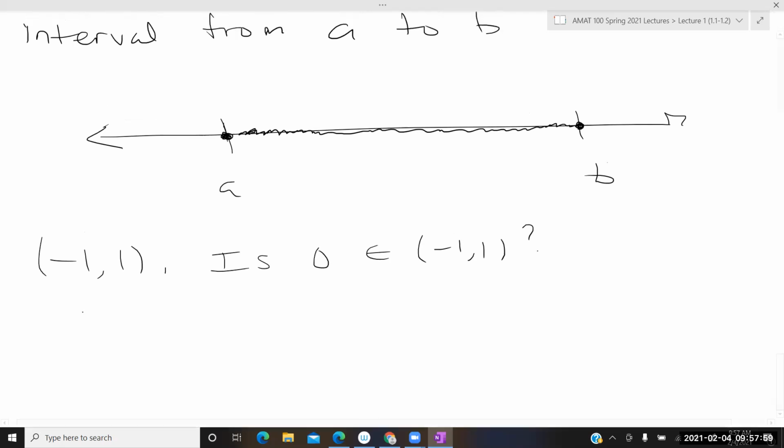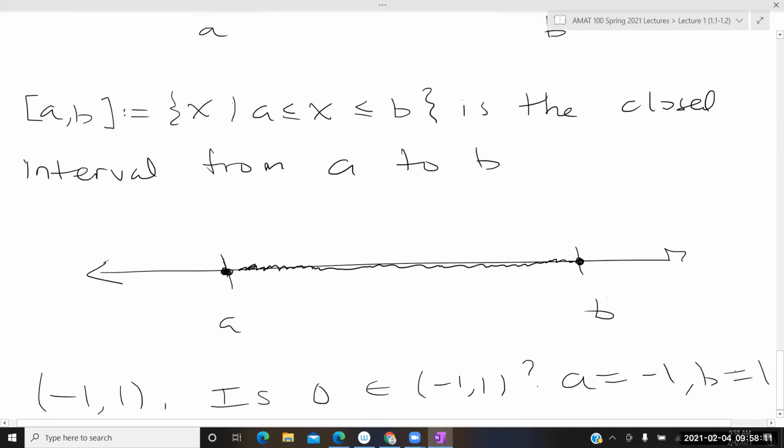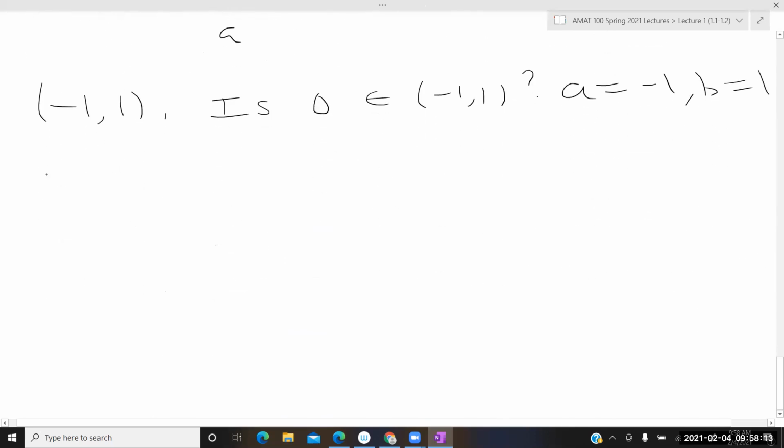Well, what's that condition? In this case, we're taking A to be -1, B to be 1. So we can write out the definition of the set: it's all the x such that x is greater than -1 and less than 1.